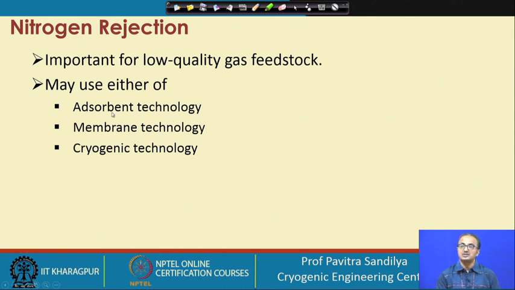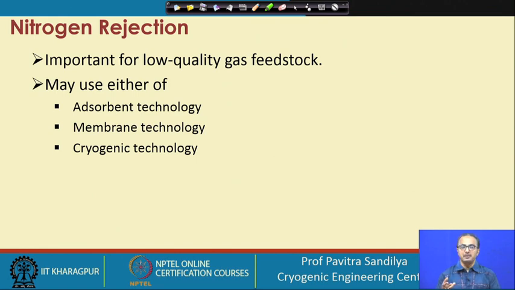Some of them are adsorption, by which we mean that we use some kind of solids to remove the gas. Then we have membranes. These membranes are semi-permeable barriers which allow only some components to pass through them, and some of them are retained over the membrane.